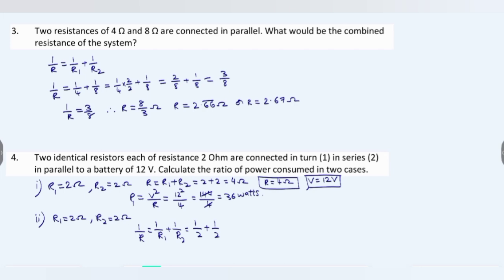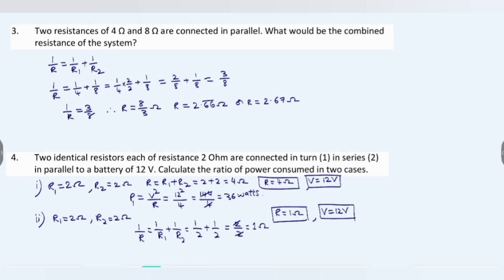So 1 by 2 plus 1 by 2 is nothing but 2 by 2, which is 1 ohm. Effective resistance is 1 ohm, so R is equal to 1 ohm. But the voltage is the same. V is equal to 12 volts. In both cases the voltage is the same.